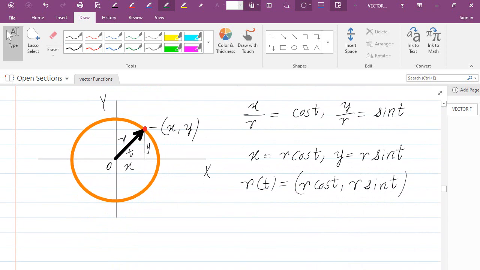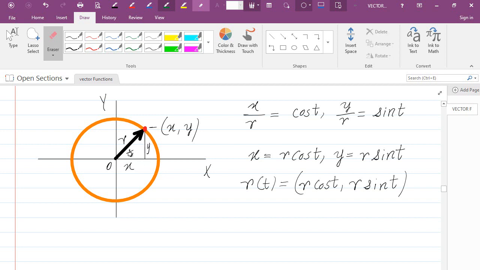Well, notice that if from the point xy I make a vertical line onto the x-axis, then we get a right triangle, and for the angle t, the x coordinate would be the adjacent, and the y coordinate would be the opposite.